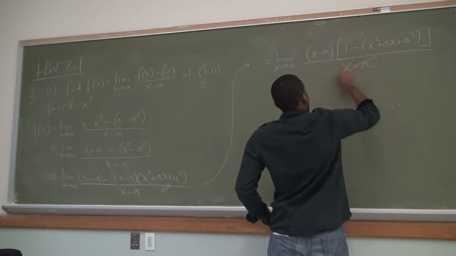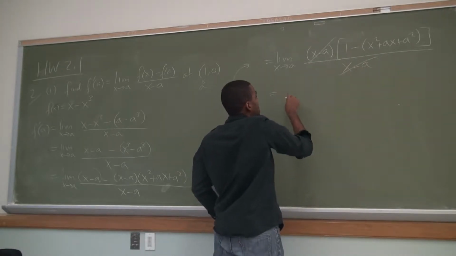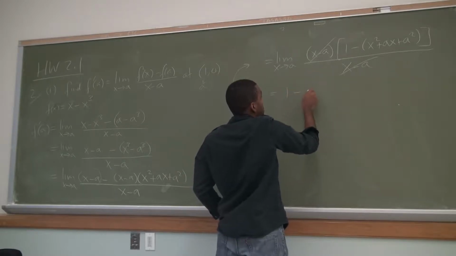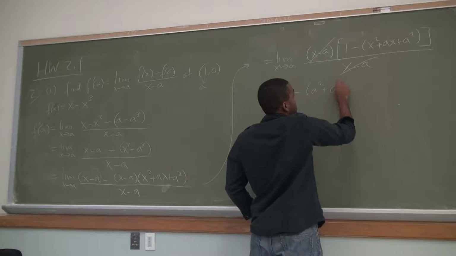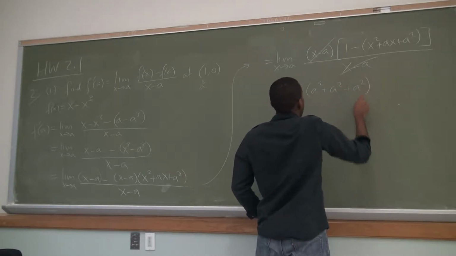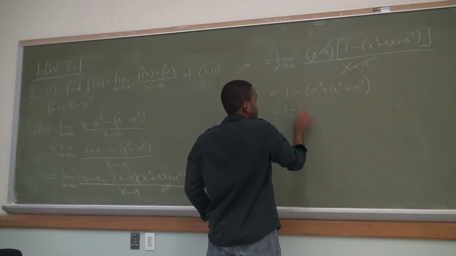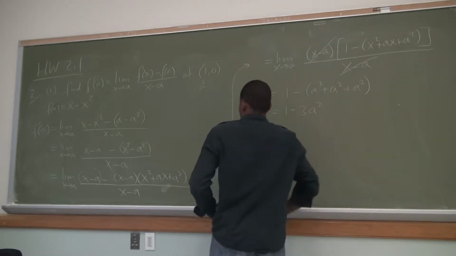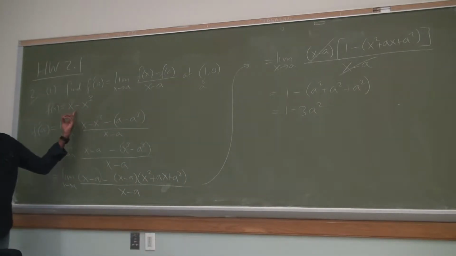Over x minus a. And so as x approaches a, I would get 1 minus a squared plus a squared plus a squared. Which is 1 minus 3a squared. Which, if you notice, is like using the power rule, which we learned in 2.3.